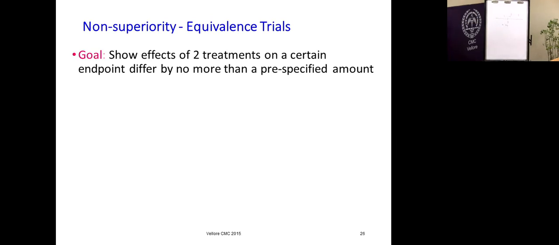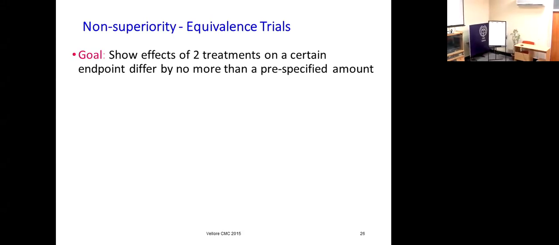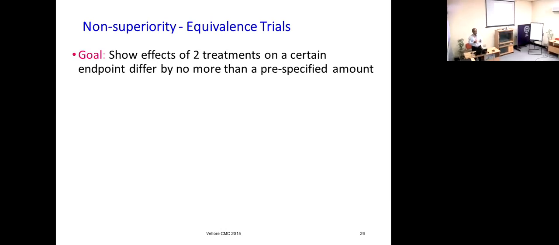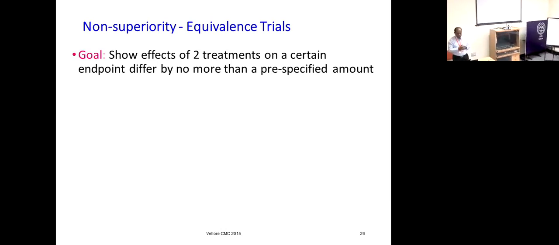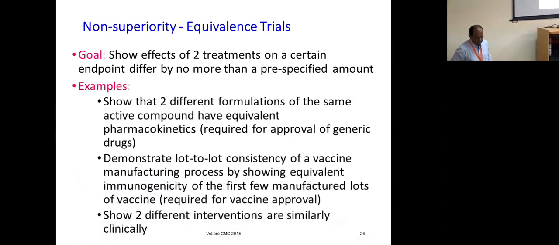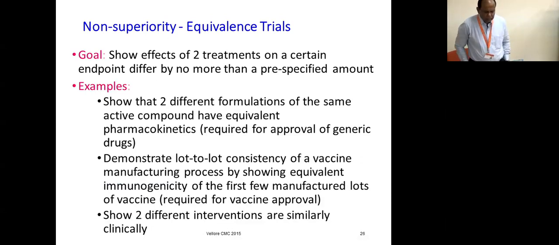Now we are talking about equivalence trials. So the effects of two treatments on certain endpoints, for example, mortality or whatever, differ by no more than a pre-specified amount. Say, for example, you are very clear that A may be better or B may be better.